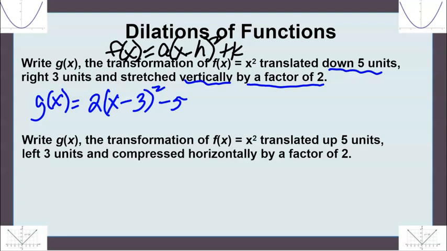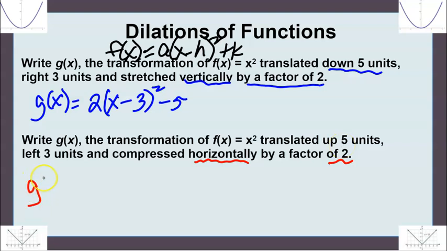Next one, write g of x, the transformation of f of x equaling x squared. This one, we're going to translate it up 5 units, to the left 3 units, and this one's compressed horizontally. So this is a horizontal movement so that the a is on the inside, and our a is going to be 2.